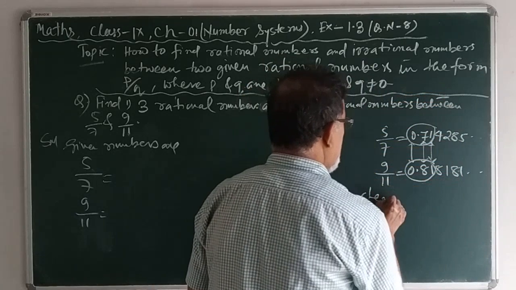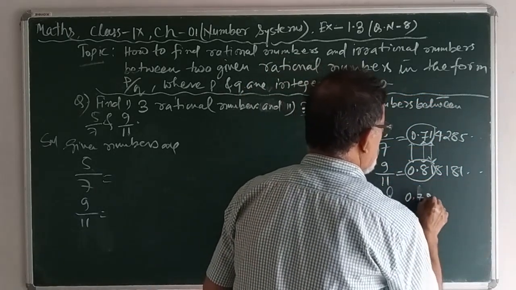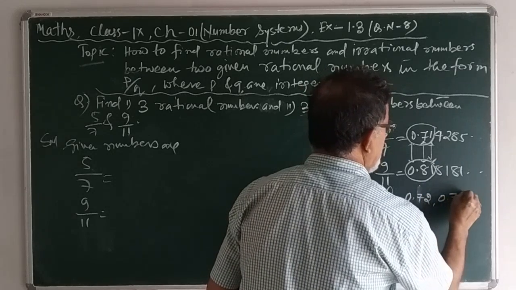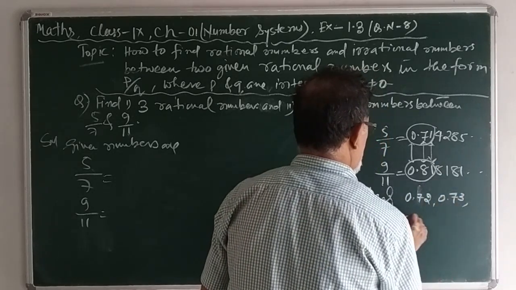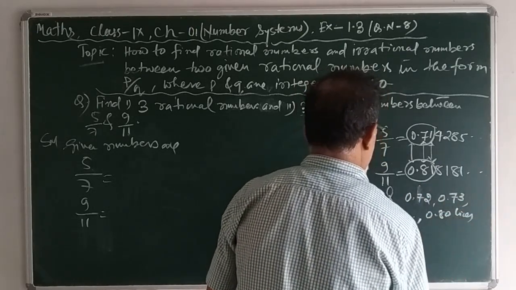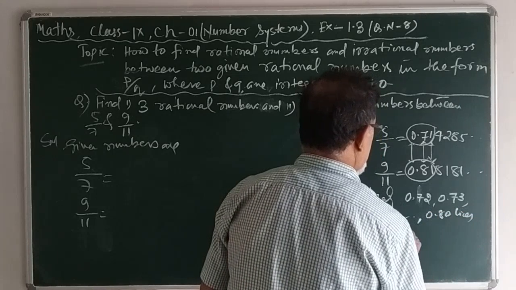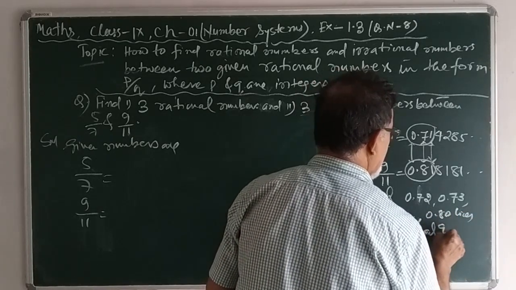Clearly, 0.72, 0.73, 0.74 dot dot dot 0.80 lie between 5 by 7 and 9 by 11.